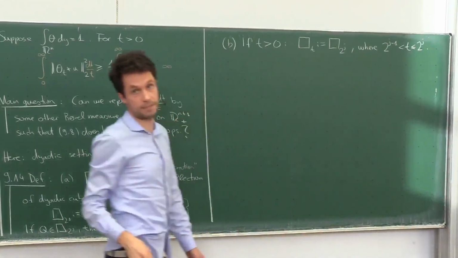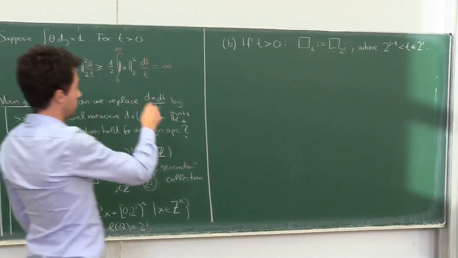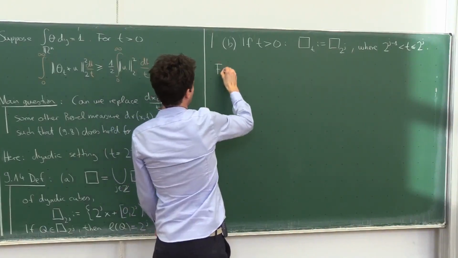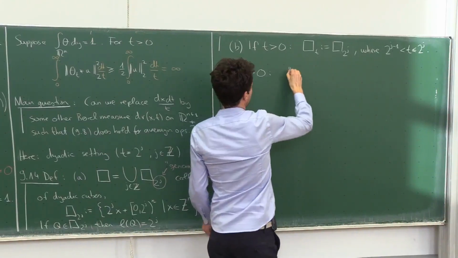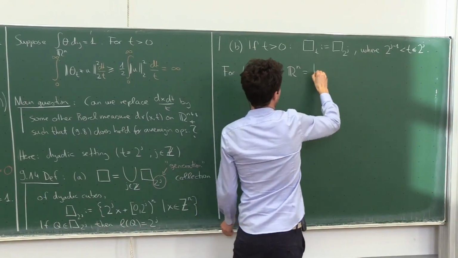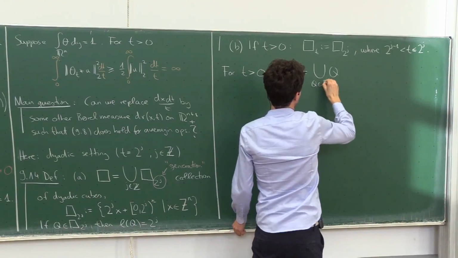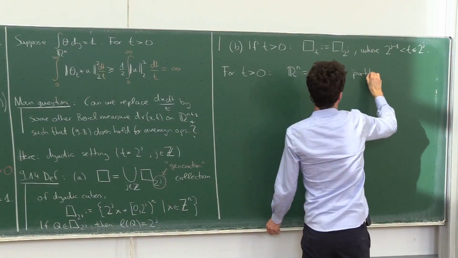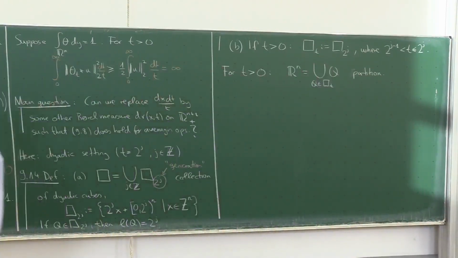For every t there's a unique such integer j. That's our definition. And of course, for any positive t, R to the n is the union of all cubes of generation t, and this is a partition, a union of pairwise disjoint elements.